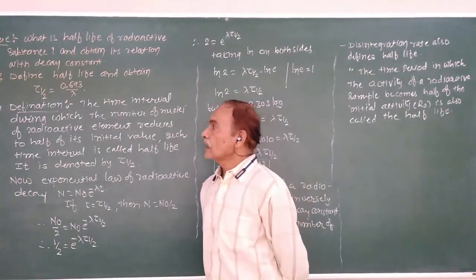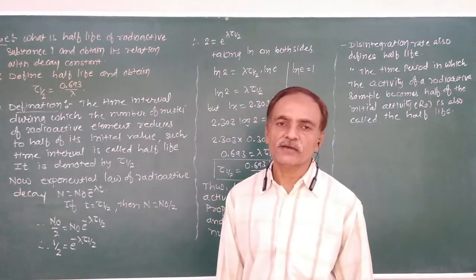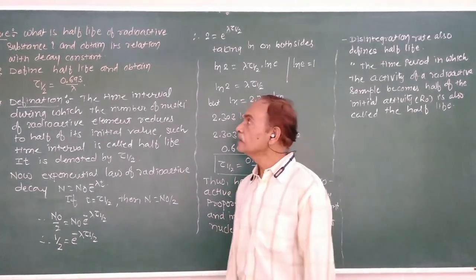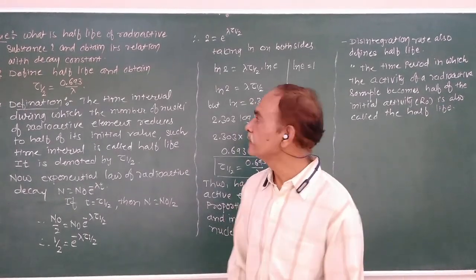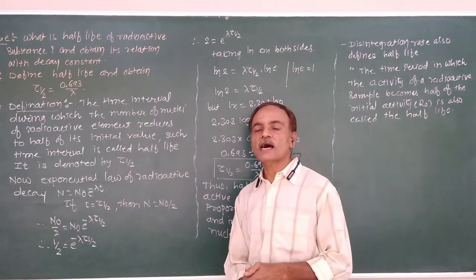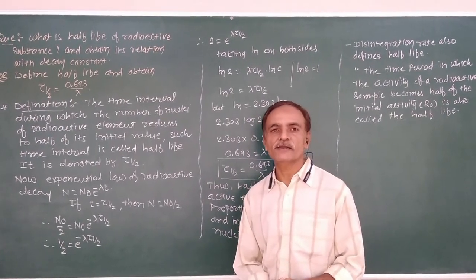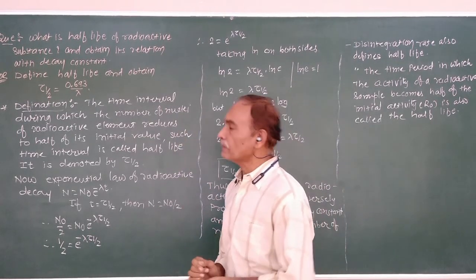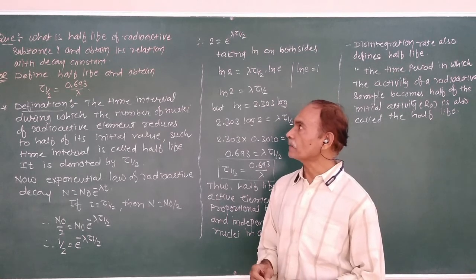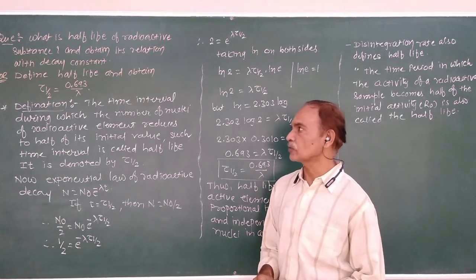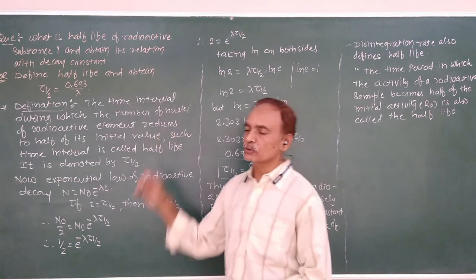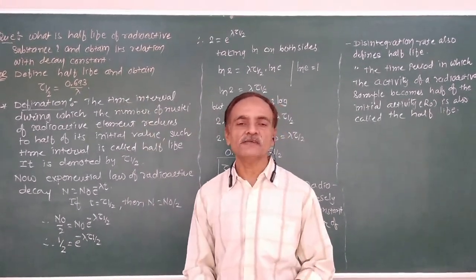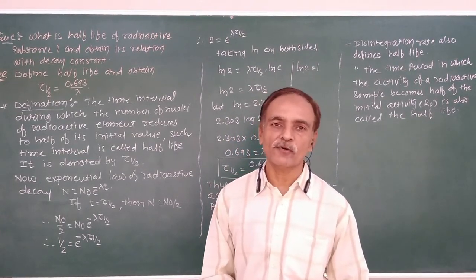Okay, now after that, the discussion of the decay constant and also the exponential law of radioactive decay. Now what is the half-life, and obtain the relation of the half-life with the decay constant. Define the half-life and obtain τ½ = 0.693/λ.